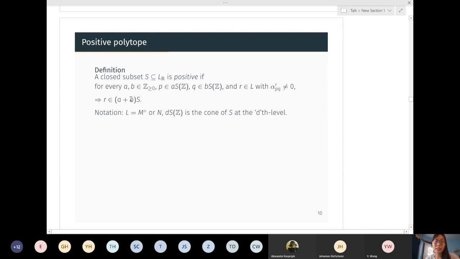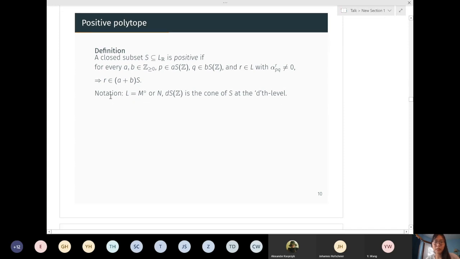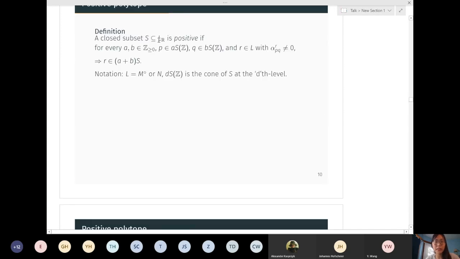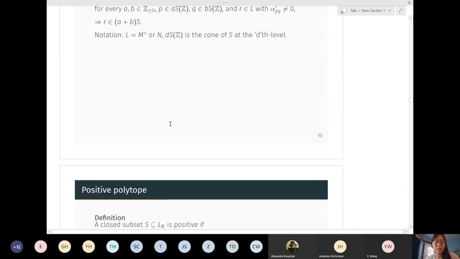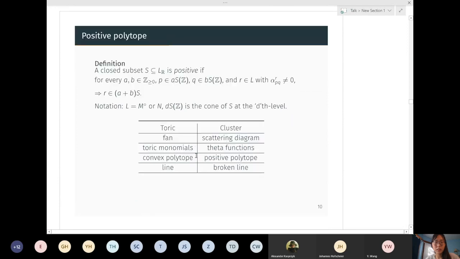You can see it's exactly what we were doing in the toric world, other than we replace the toric monomial with theta function. And those are just the notation for completing the story, because here I can take the lattice either M or N. So the analogy is: convex polytope to positive polytope.